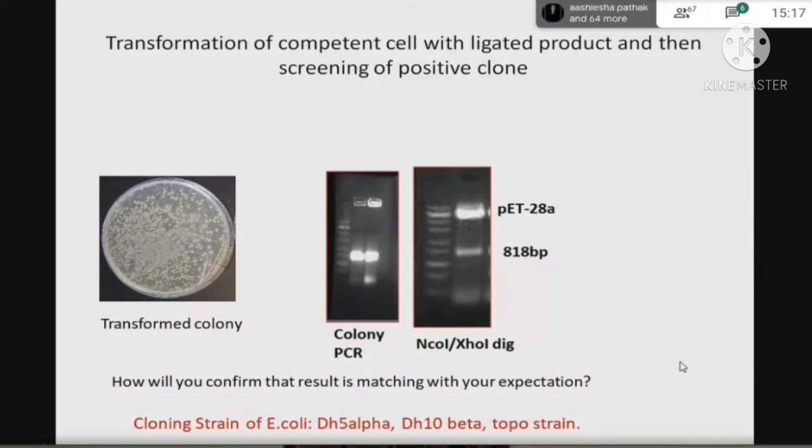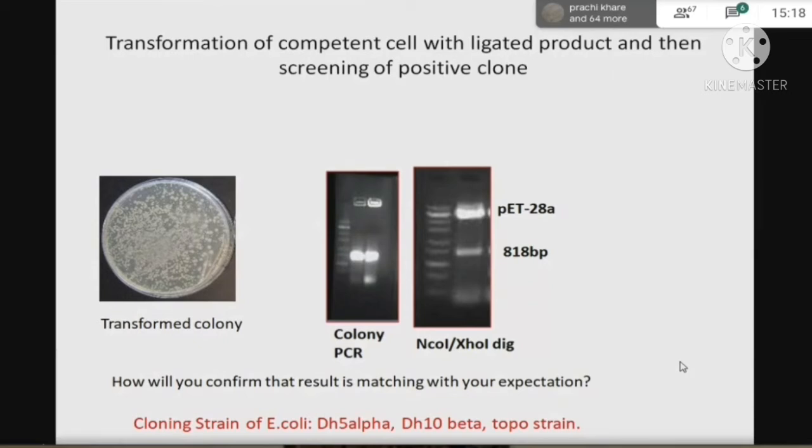Hello? Yes. Time for replication may be less in the wild type. In the genetically engineered E. coli, faster replication is beneficial for us.